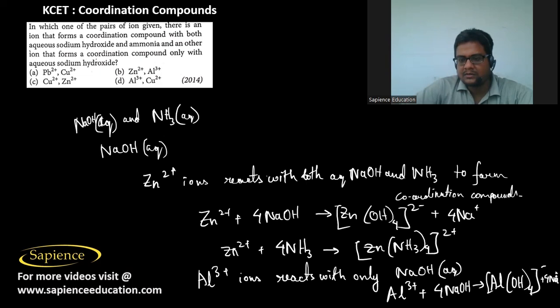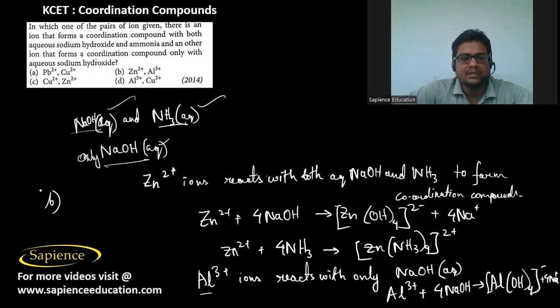So here, it means that Al3+ will react with only NaOH and Zn2+ will react with both NaOH and NH3. So option B is the correct answer.